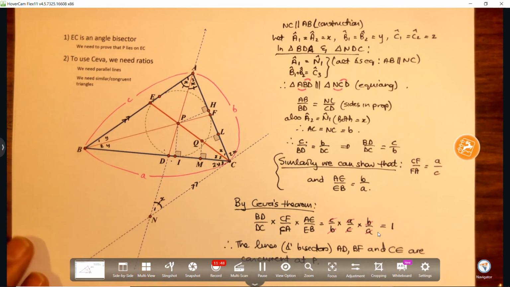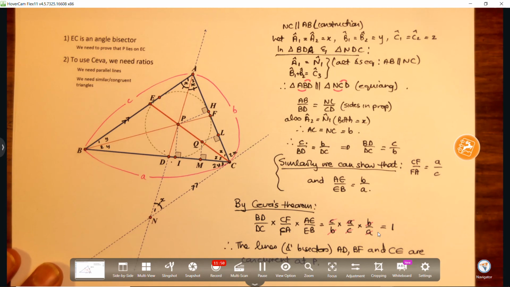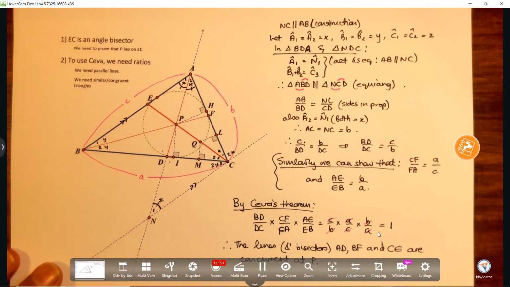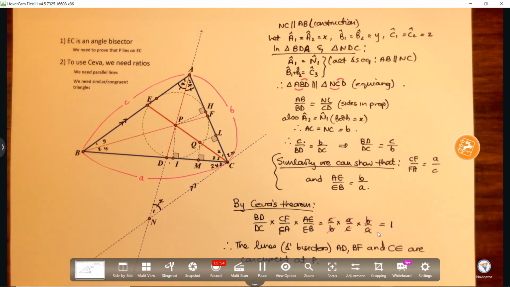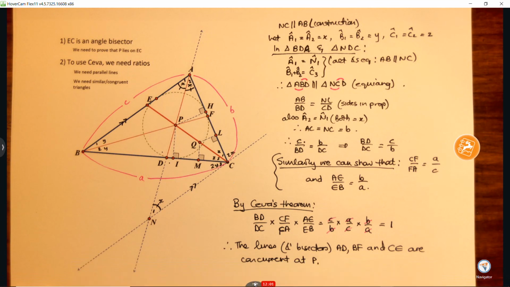Okay, so that is a quick way for us to use Ceva to prove that. Let me just kill this big banner there. You can see what I've done. We've shown, using Ceva, that the angle bisectors are indeed concurrent.